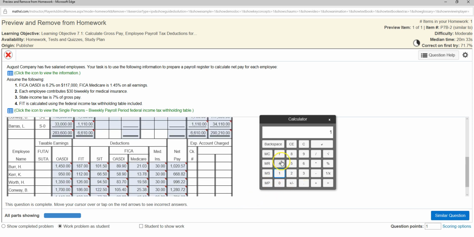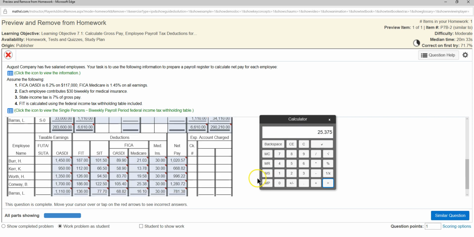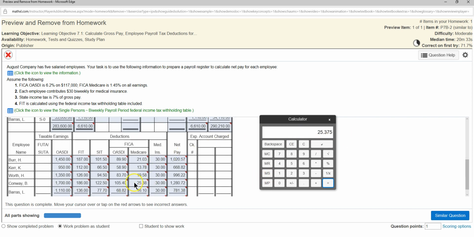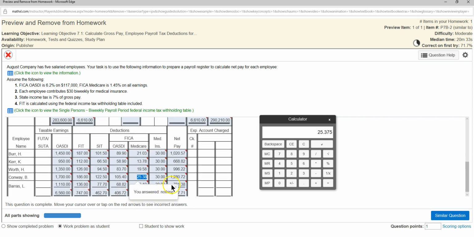So I'll put in the whole $1,750, and I'll multiply it times 1.45%, 0.0145 equals, and you can see that $25.38 is in fact the amount that we subtract, $25 and round it up to 38 cents. That is the Medicare deduction.